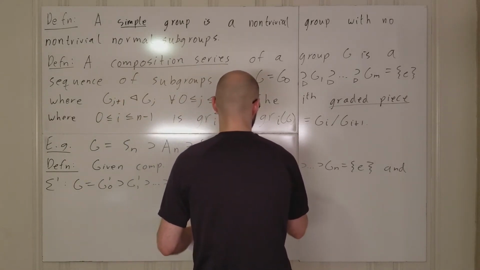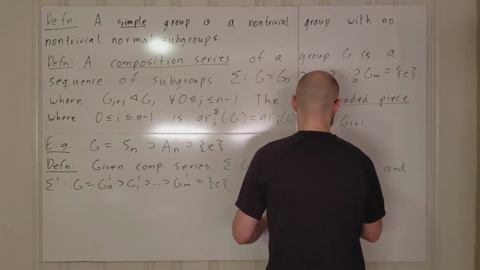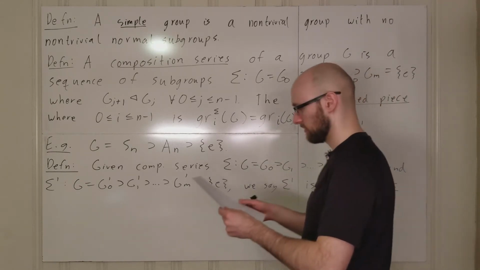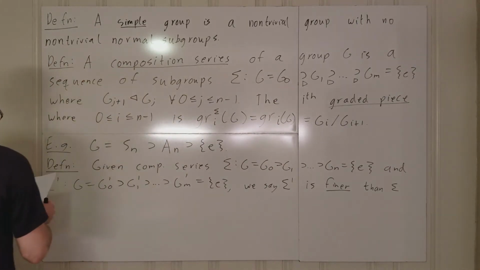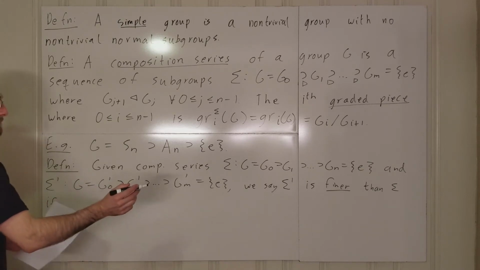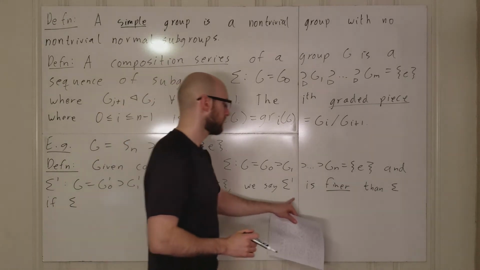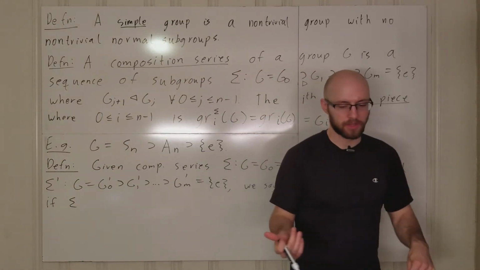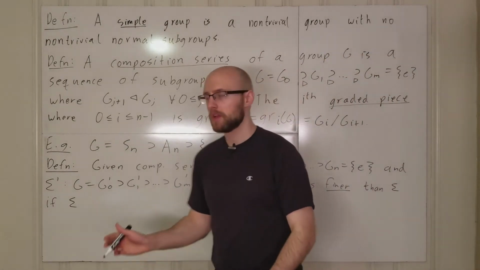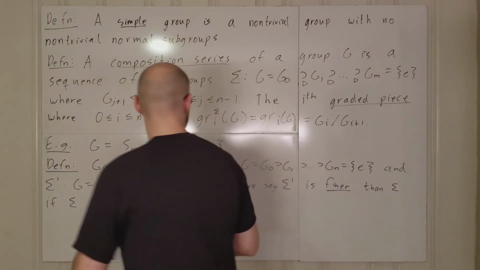We say sigma prime is finer than sigma. What that means is that we can obtain sigma by throwing out some of these terms in sigma prime.